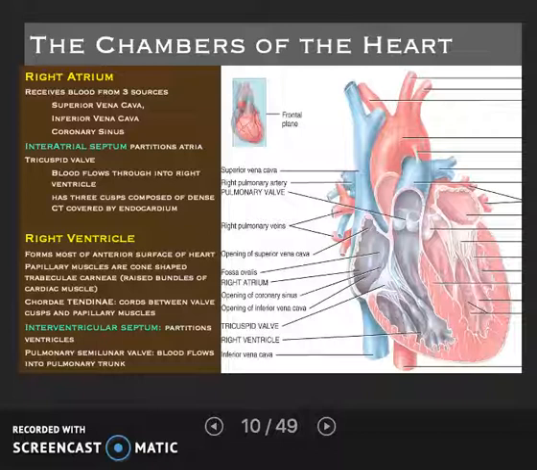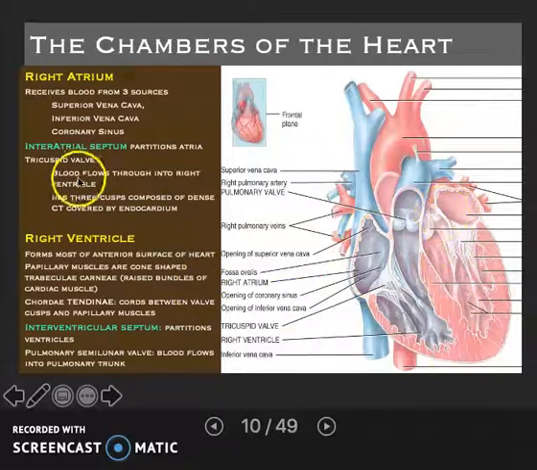Now, between the right atrium and the left atrium is this thin wall called the interatrial septum. Okay, so that's up in this region here. That's between the atria of the right and the left. There is a cusp between the atrium and the ventricle, the atrioventricular valve, and on the right side it's called the tricuspid valve, the tricuspid.